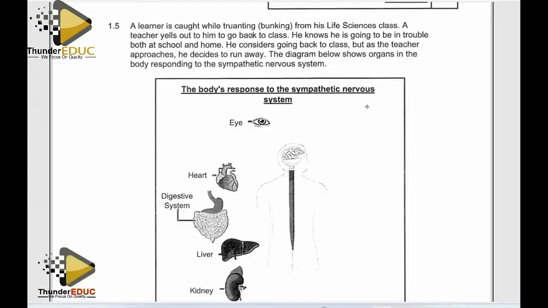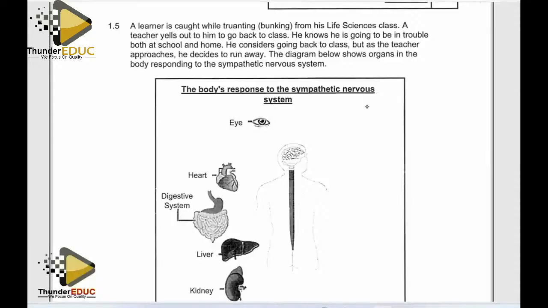Rana is caught while skipping his life science class. A teacher yells out to him to go back to class. He knows he is going to be in trouble, both at school and home. He considers going back to class, but as the teacher approaches, he decides to run away.